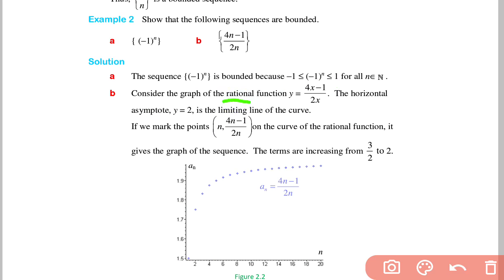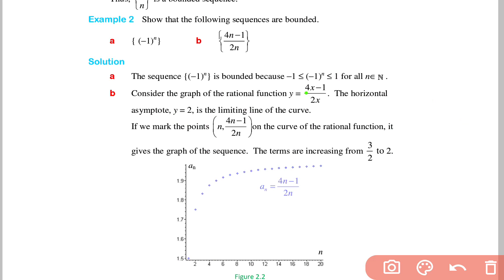Consider the graph of the rational function y represent n is x. It has a horizontal asymptote because if the leading coefficient in the denominator and the numerator is equal, which means the leading coefficients are equal, it's because they have degree 1.